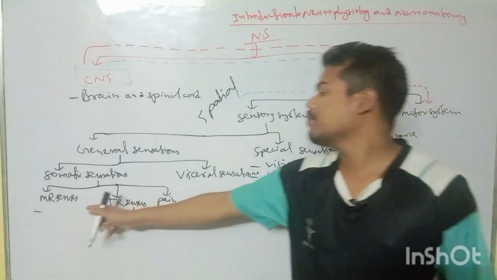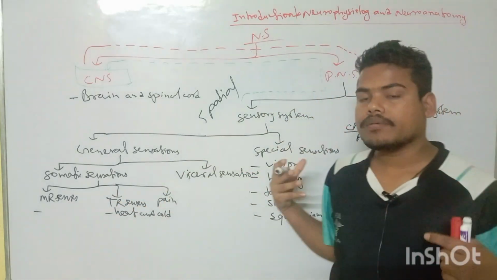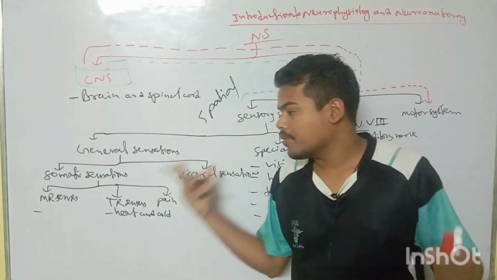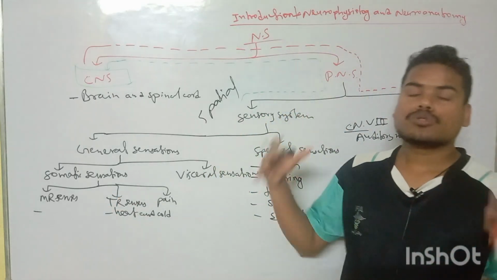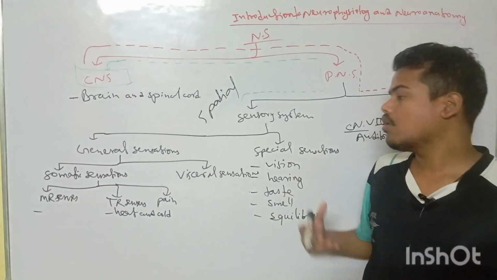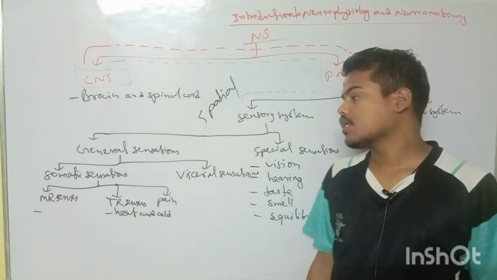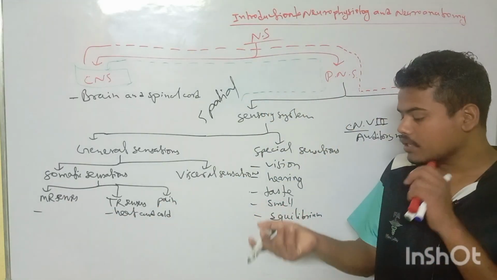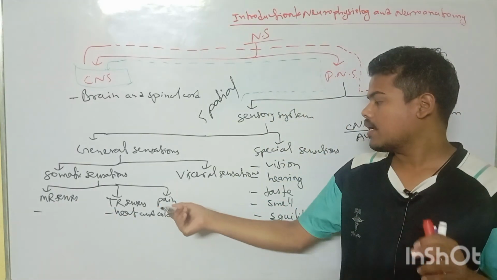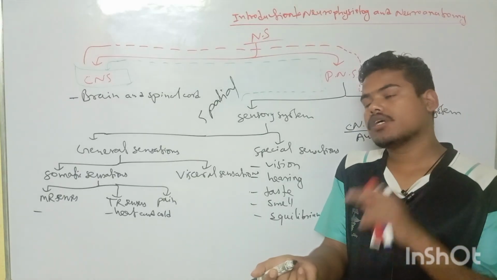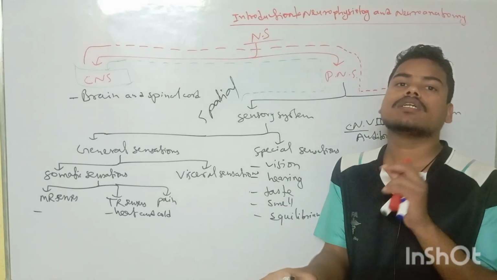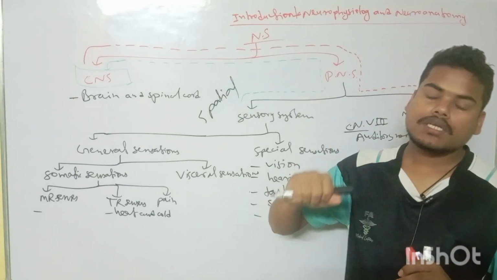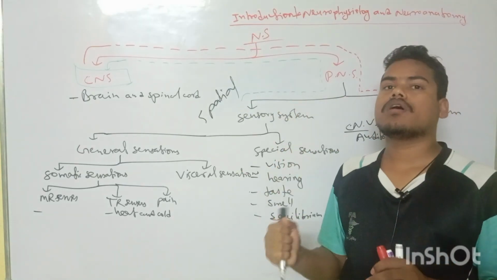In somatic derivatives there are the skin, fascia, subcutaneous tissue, musculoskeletal system. These will all fall under the somatic derivatives. From these derivatives we can feel pain, I have explained here. We can feel touch, pressure sensation, itching, tickling, and stereognosis by feeling or by grasping the object.